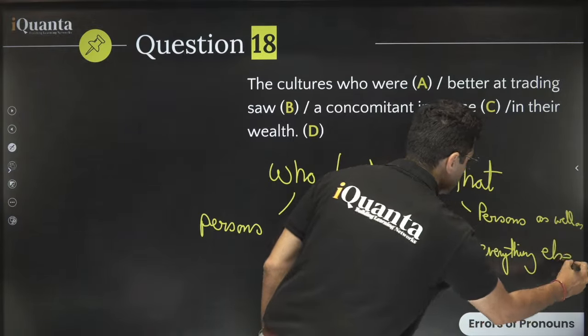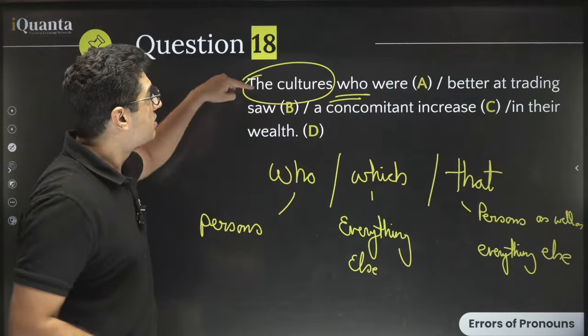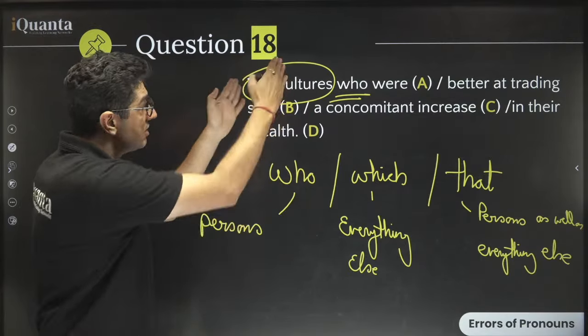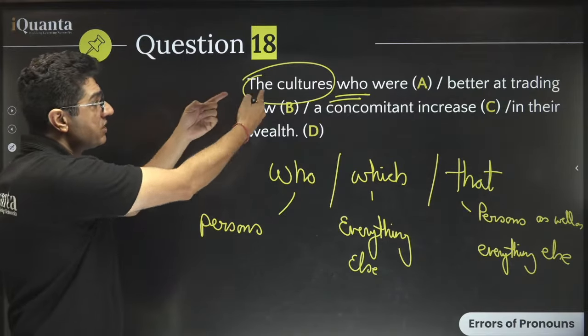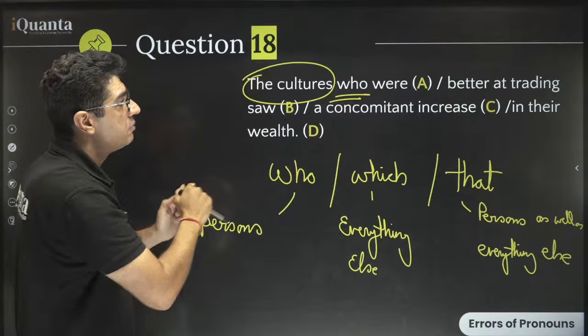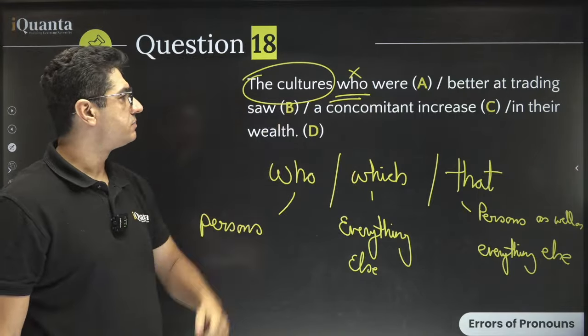So the question here is, this pronoun who is referring to the noun cultures. Cultures, is that a person? No, it is not. So because we are not referring to a person, we cannot use who. It has to be which or that.